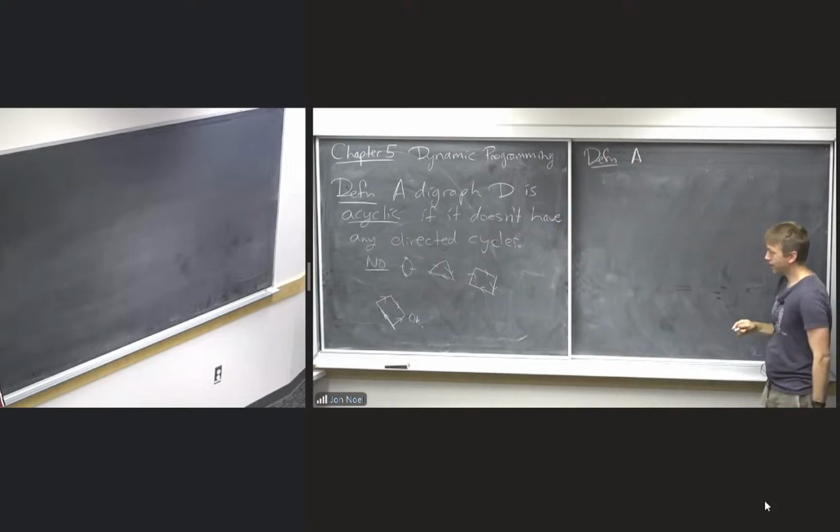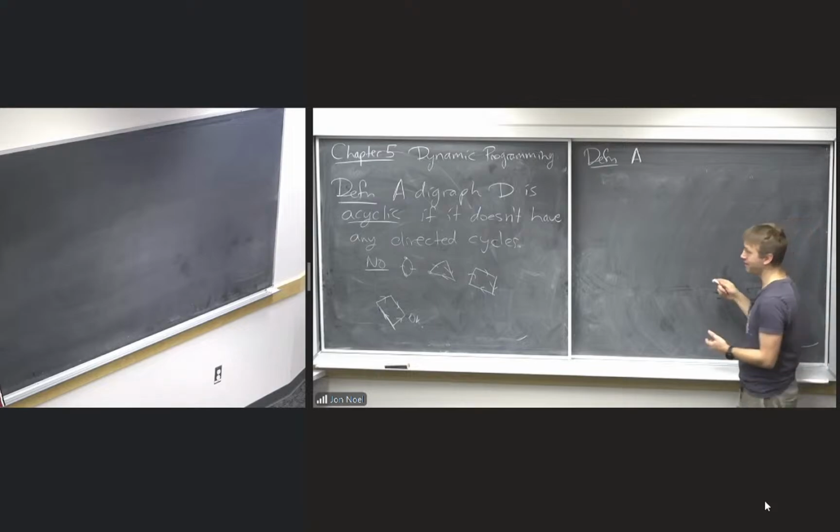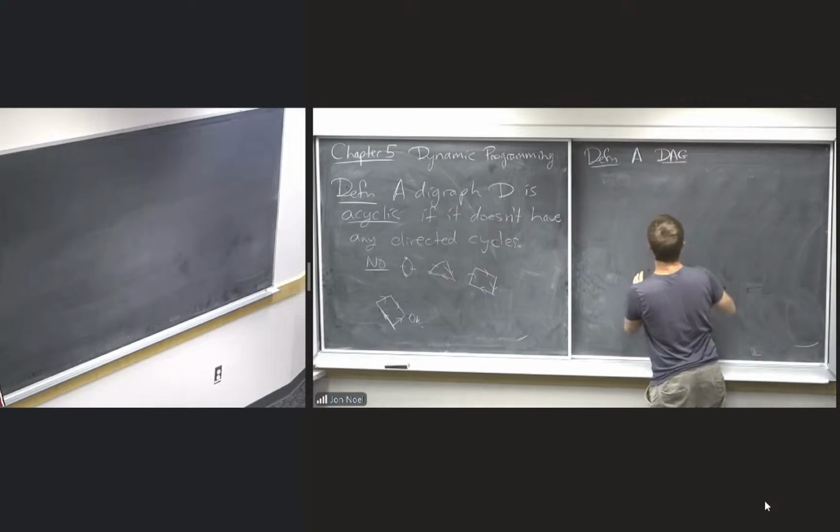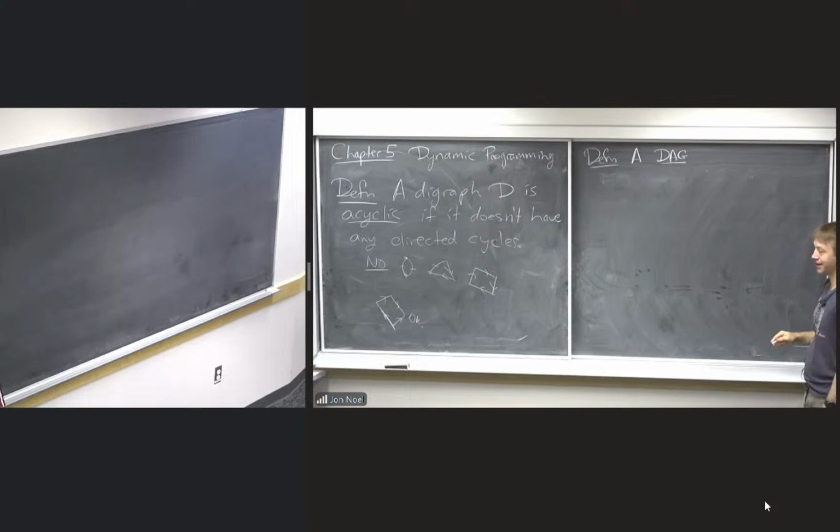So there's a short notation for describing directed acyclic graphs. People call them DAGs. So a DAG is a directed acyclic graph.